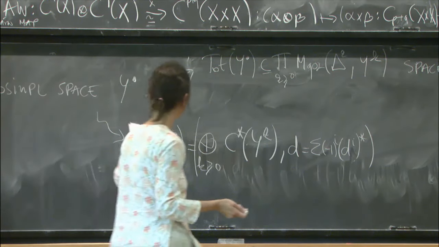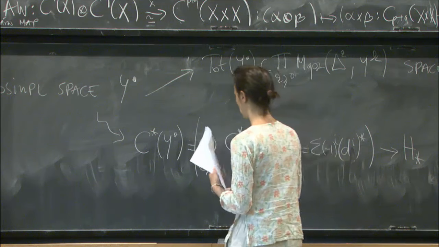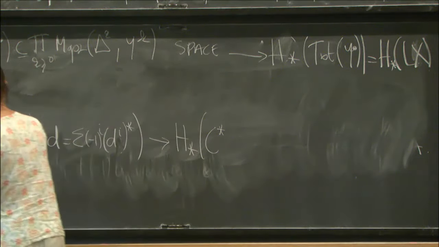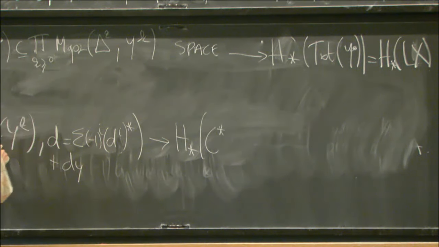Okay, so I can do this construction. It has a homology of C star of Y, plus the differential of Y, of course, right? The differential coming from here. So again, I have a double complex here going on, right?